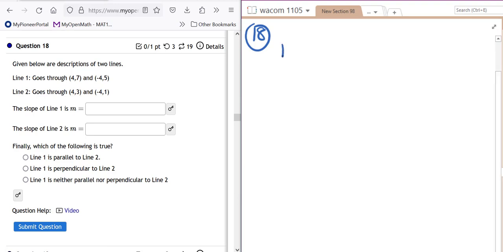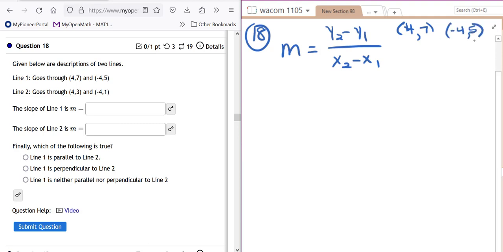So first of all, you do have to know your formula for slope. It is change in y's over change in x's, and you're going to plug in your points. So I have 4, 7, and I have negative 4, 5, right?